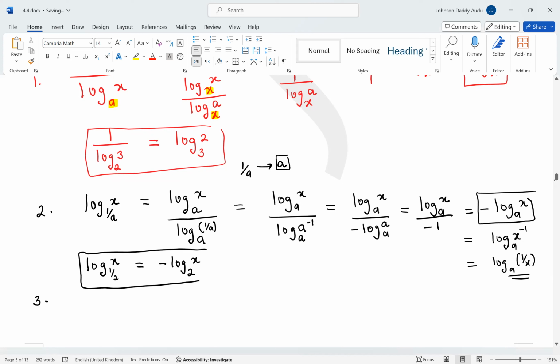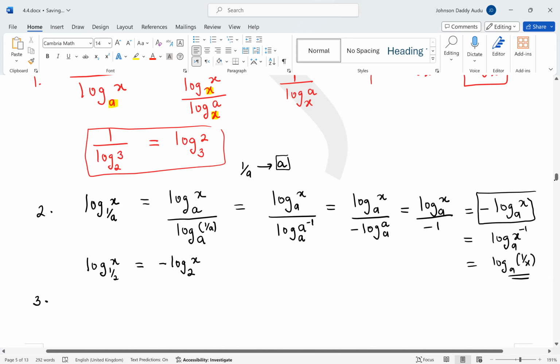This is always true. Or you can also write it as log to base 2 of 1 over x. So this is just application of the second part.